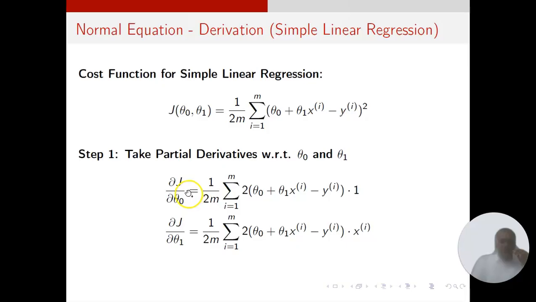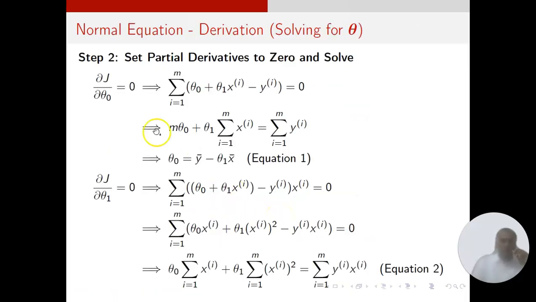Now we consider the first one, and when you do a simplification, we get sigma i equal to 1 to m of theta naught, so that will be m times theta naught, plus theta 1 into sigma i equal to 1 to m of x i.